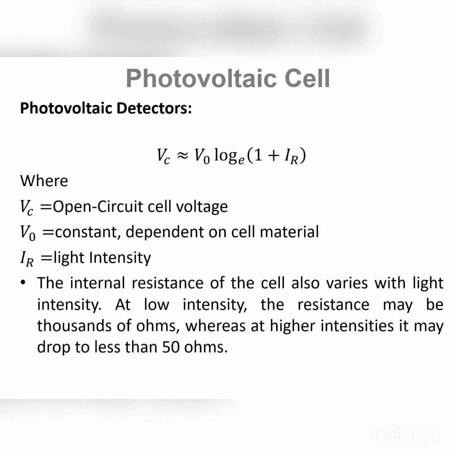The internal resistance of the cell also varies with the light intensity. At low intensity, the resistance may be of the order of thousands of ohms, whereas at higher intensities, it may drop to less than 50 ohms.